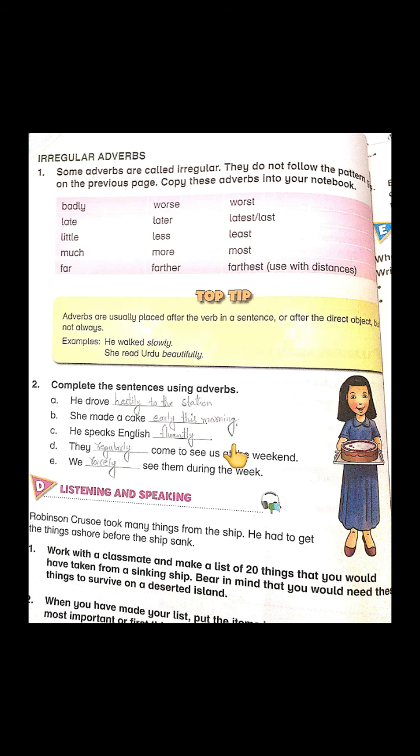Students, I will give you a little recall about adverbs again. So far in these exercises we learned that adverbs are used to express how something is done, or they talk about actions.